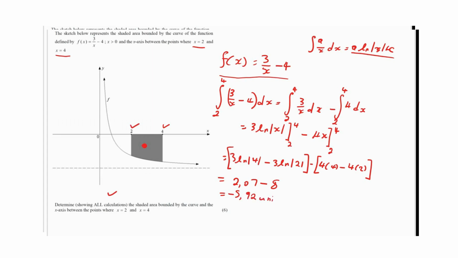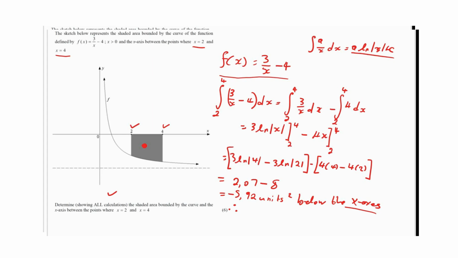Since this is an area, unit squared, allow me to write the statement here below the x-axis. Now why? Somebody can ask, why is the area negative? The area is not really negative. The negative sign here just represents where the area is located.